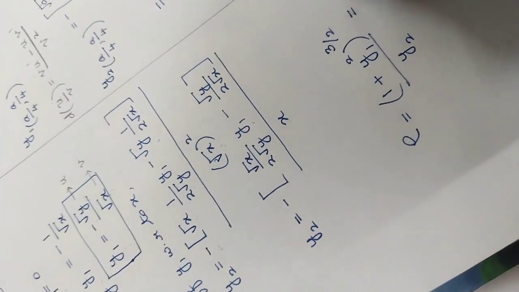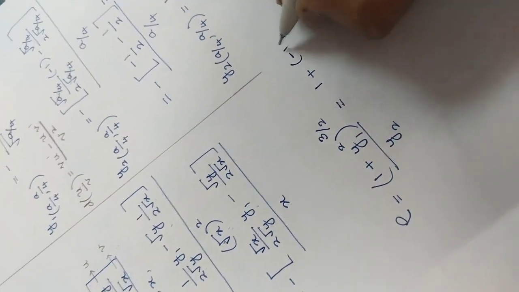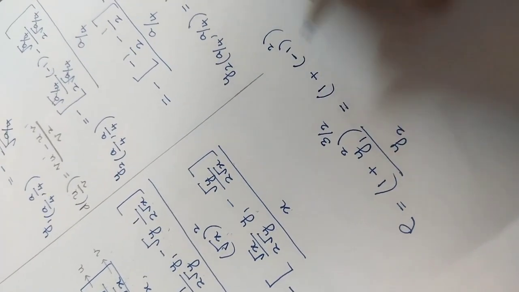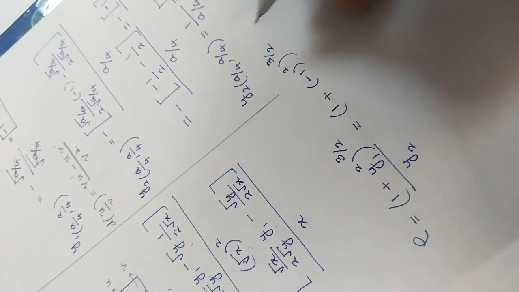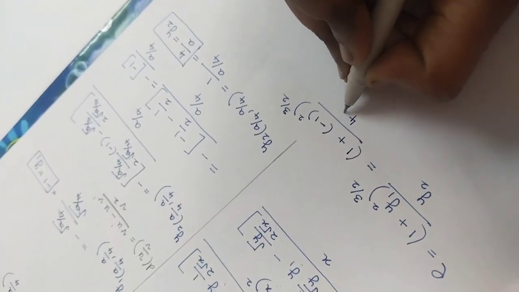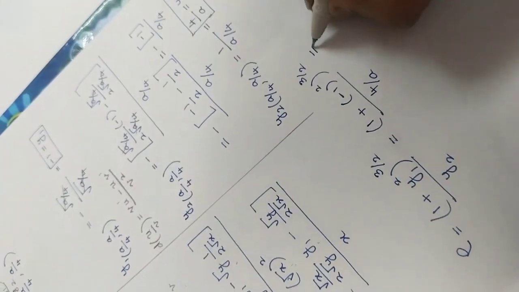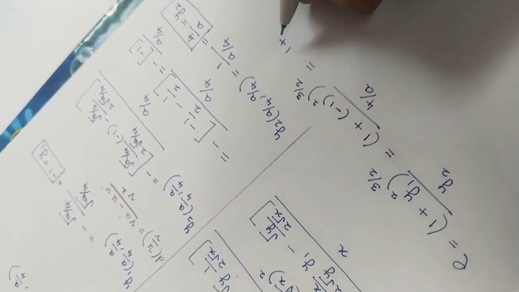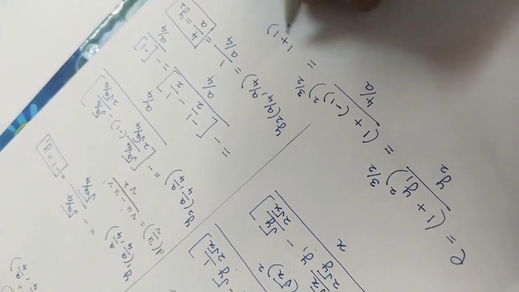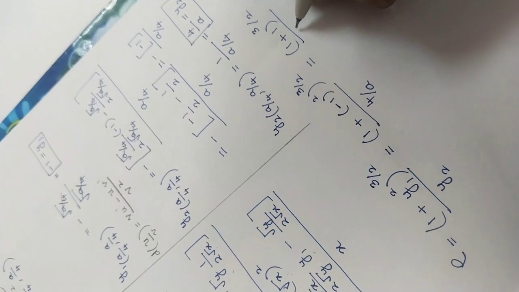It will be 1 plus your y1, which is minus 1, the whole square, the whole power 3 by 2, by y2, which is 4 by a. So this will become 1 plus (minus 1) the whole square, which is 1, to the power 3 by 2 by 4 by a.